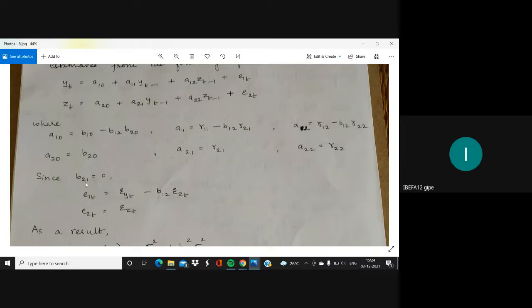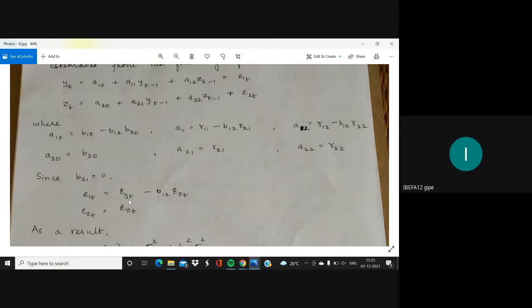Now, since B21 is equal to 0, this is the restriction that we have imposed. E1t is equal to this, and E2t is equal to the structural error term itself. This is the beauty of this particular restriction. What you'll notice is that E1t is composed of both the structural error terms epsilon yt as well as epsilon zt, but E2t is now simply equal to the pure structural shock.